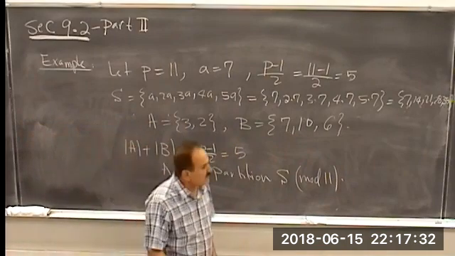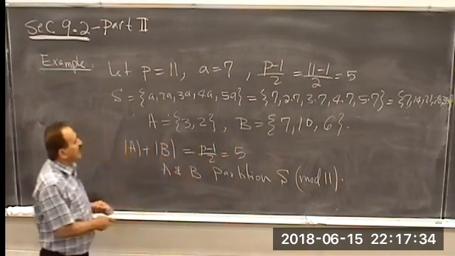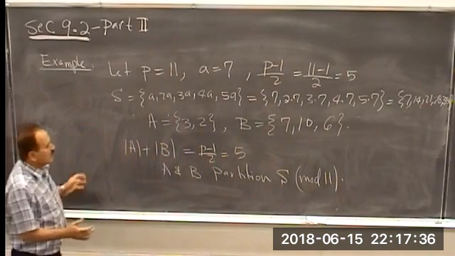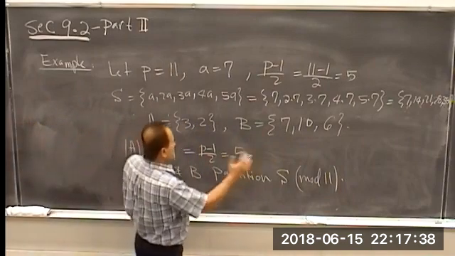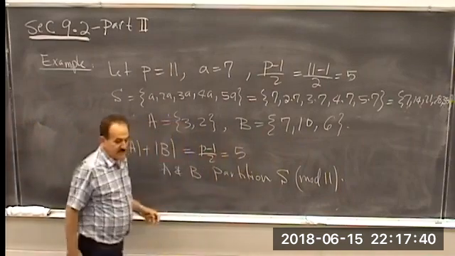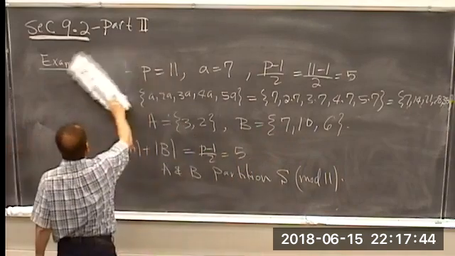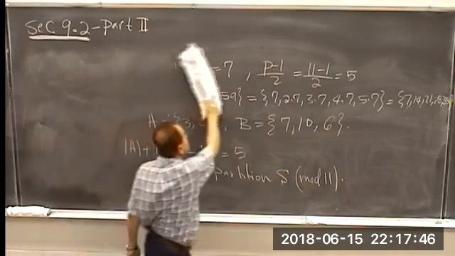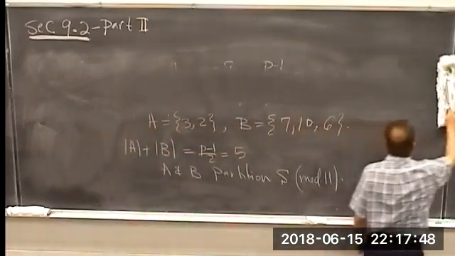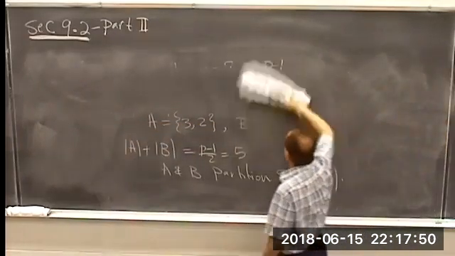So now we're going to define another set, so that when I put them together, it gives me S itself. And this set is going to consist of these elements.